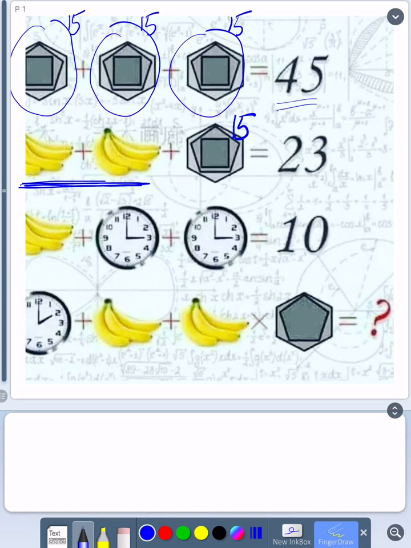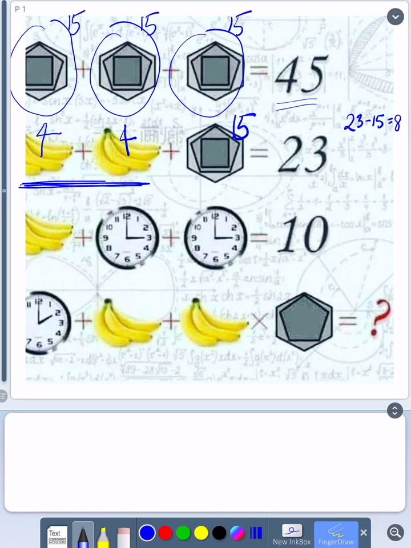So 23 minus 15 equals 8. That's right, 8. So 8 is equivalent to 2 bananas, so 1 banana in this case will be equal to 4.